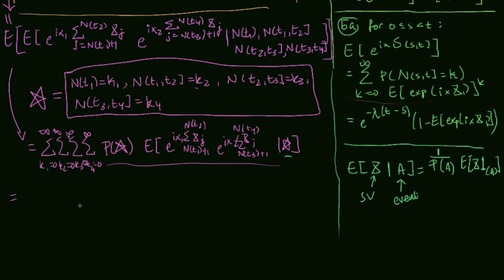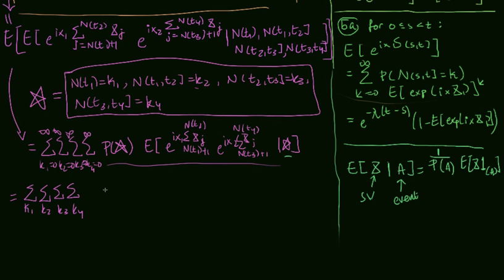So this is equal to, well, it's equal to a lot of sums first and foremost. So 4 sums. And I'll just write k1, k2, k3, and k4. And you can just remind yourselves that each of these go from 0 to infinity.